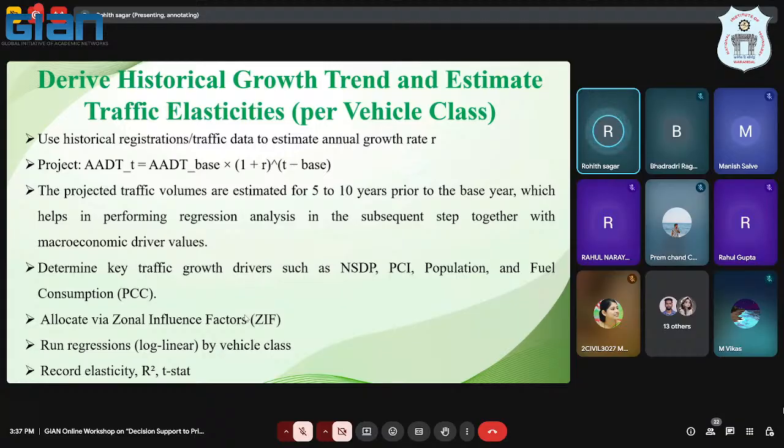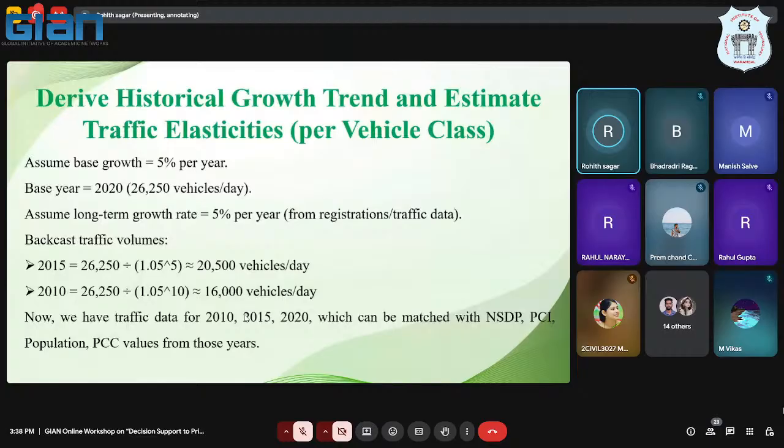So after doing regressions we will record elasticity, R squared and t stat values from what we have done. So we will see a small example of how we go through this process. So after finding AADT of base year 2020, this is an example, we have assumed the base growth rate of 5% per year.